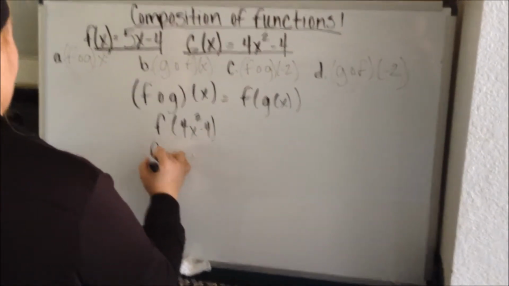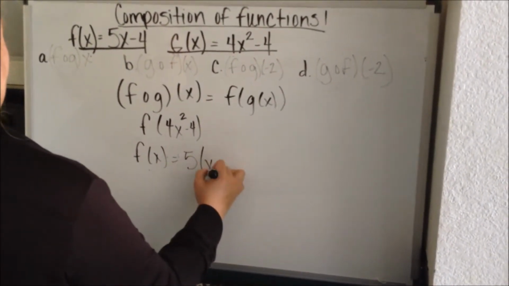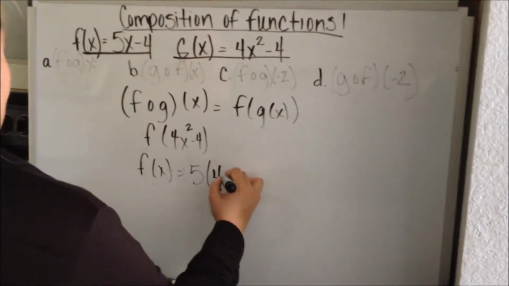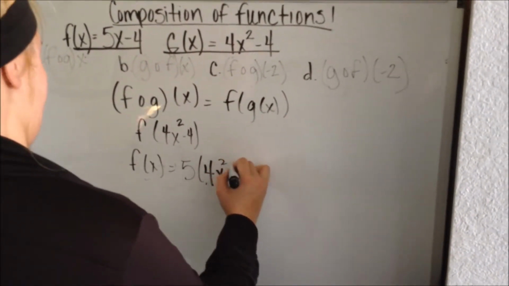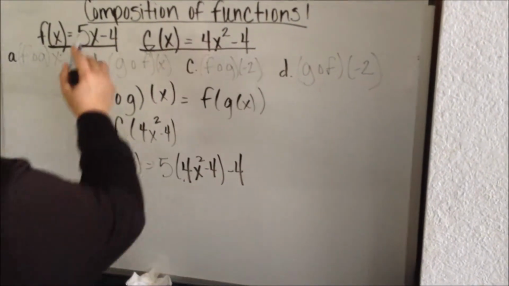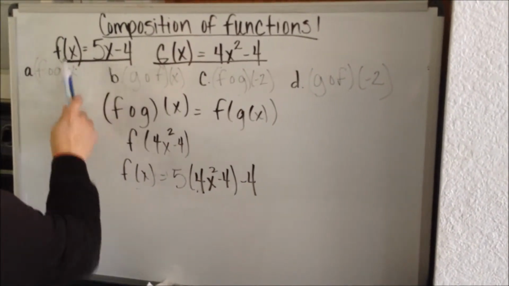So then f of x is going to equal 5 times 4x squared minus 4, minus 4. So we plugged it in for the x in your f of x.